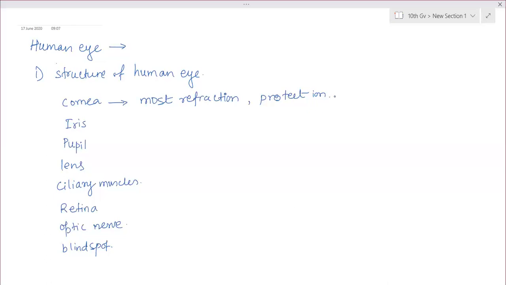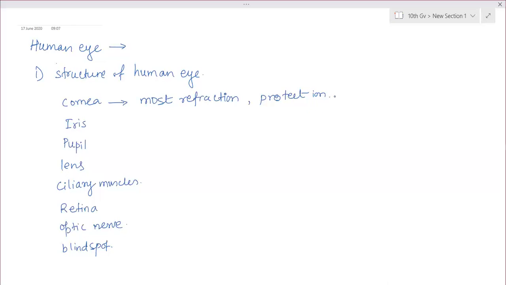Some time is needed for the relaxation and increasing the size of pupil, due to which initially we are not able to see anything, because the size of pupil is very small. But after some time the iris adjusts itself, it relaxes, the size of the pupil increases, and we are able to see the objects distinctly.